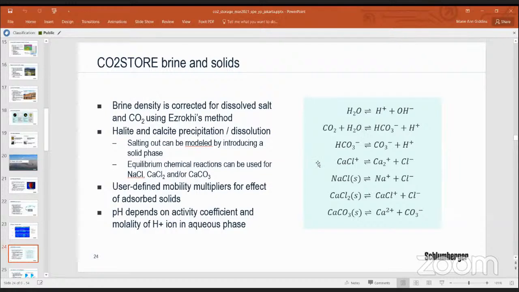And also to consider equilibrium chemical reactions for generation of calcium carbonate over time. We can include user-defined mobility multipliers to define the effect of the adsorbed solids, and we can also calculate the acidity or alkalinity of the water based on the activity coefficient and the presence of the H+ ion in the aqueous phase.